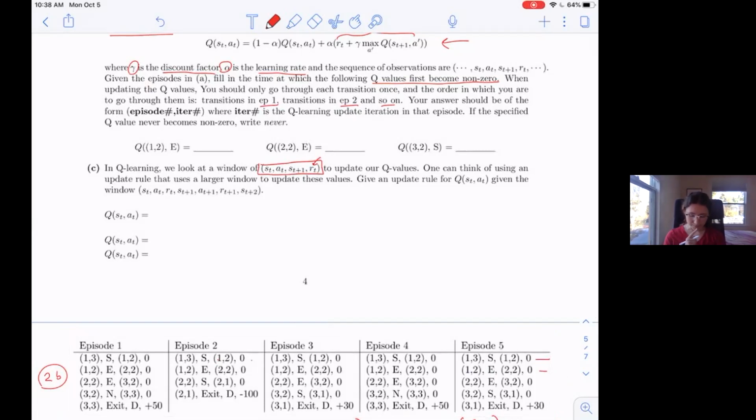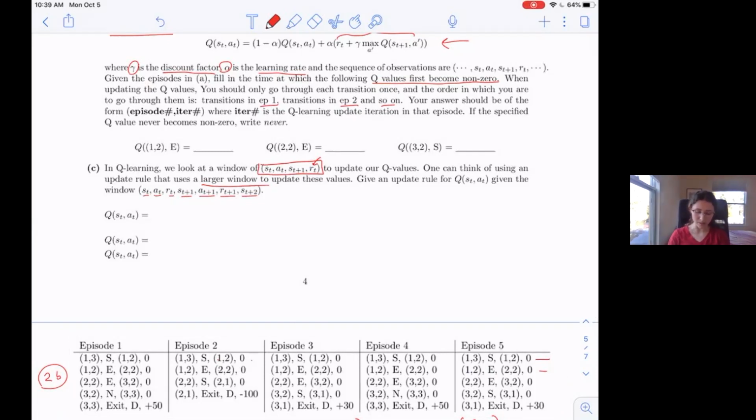Instead, now it's saying to think of using an update rule which uses a larger window to update these values. This larger window looks at a state, action, reward, and next state, but also the next action you could take, the next reward, and the state after that you could reach.